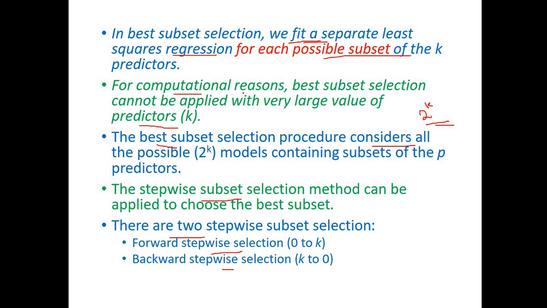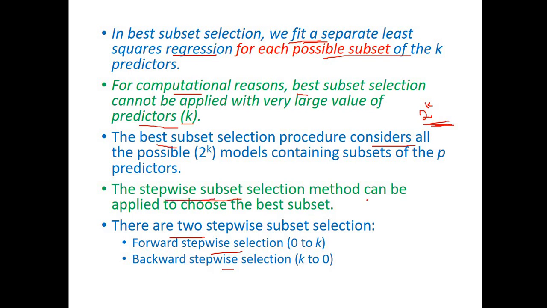This model will be suitable when the k value is small, but for computational reasons, this best subset selection model cannot be applied when the number of predictors k is large, because the best subset selection procedure considers all 2 power k possible models and then selects the one which is the best among these 2 power k models.